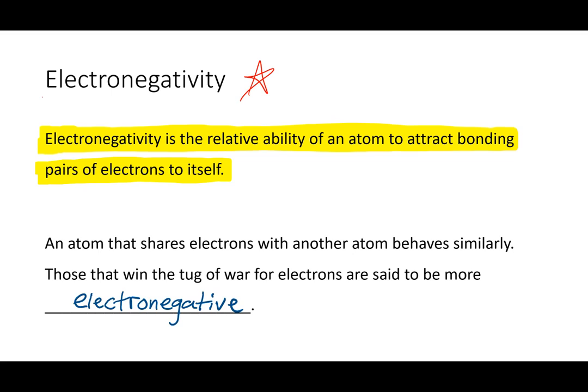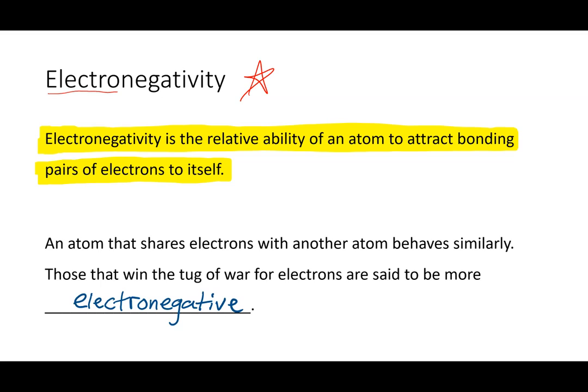Electronegativity. So it deals with electrons, and electronegativity is the relative ability of an atom to attract bonding pairs of electrons to itself. So how strongly do these atoms pull electrons towards the nucleus? Okay. And we already talked about effective nuclear charge, right? In the previous unit.